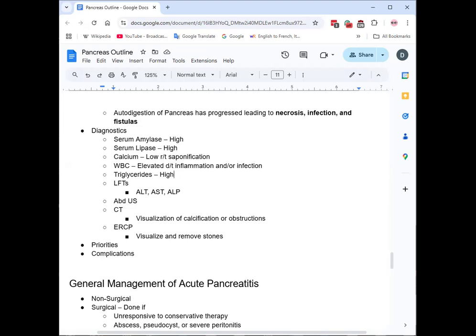So Michelle said BAC. Are you referring to blood alcohol? Yes. Okay, I think I get what you're saying, because alcohol is a potential cause.